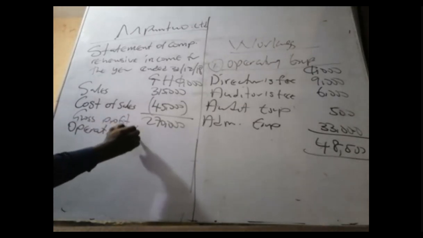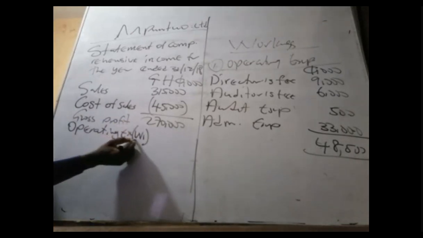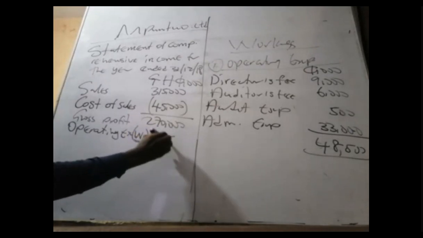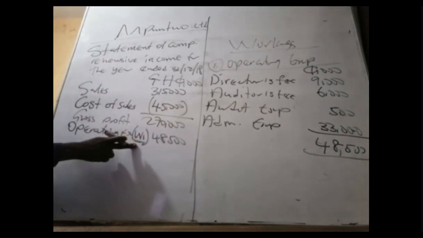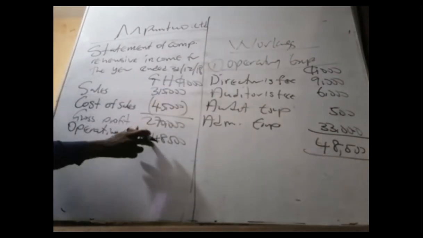Mr. Examiner, please go to workings number 1. Kindly refer to it. Write it W1 and then code the figure 48,500. So that when marking, when you see something like that, you have to pause, go and mark the workings before you come here.